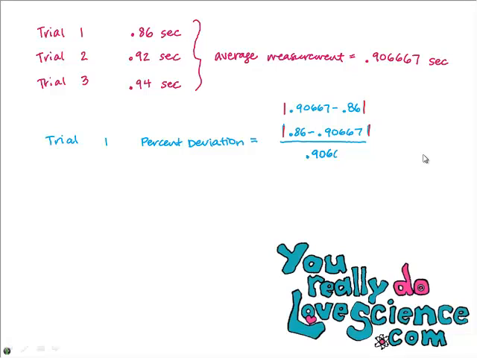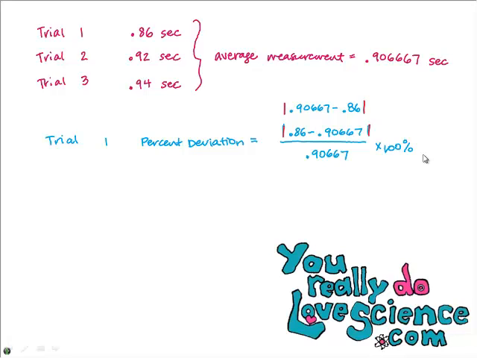So the difference, and this is just for trial 1, and you're going to get a percent deviation for each trial. For each trial, how far off was that from the average? So I'm going to say 0.86 minus 0.906667, and we get absolute value 0.046667. Then I'm going to divide that by the average, 0.906667, and times 100.